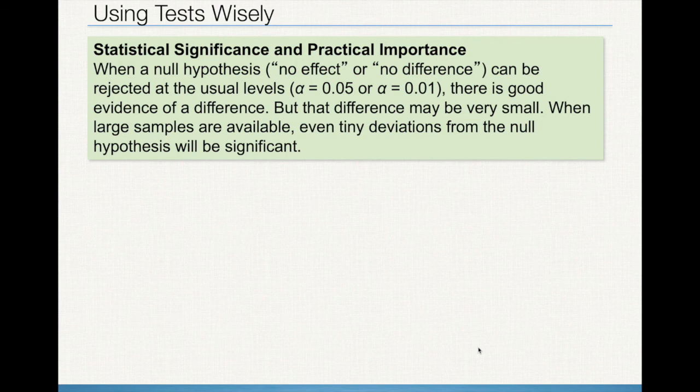Again, you can go back to the calculation of the standard deviation of the sampling distribution itself to notice that if we have a larger sample size, that distribution will become narrower, which would show that tiny deviations could be a little more significant than in a different distribution.